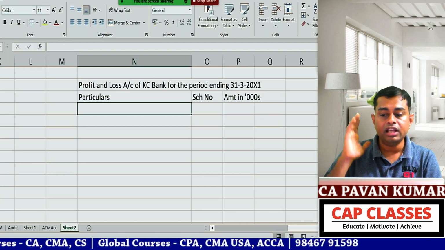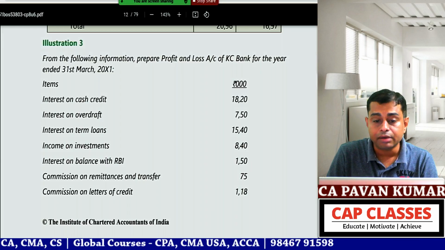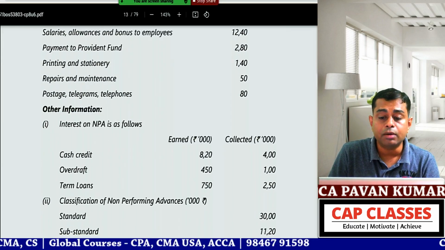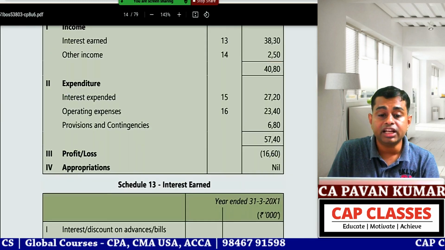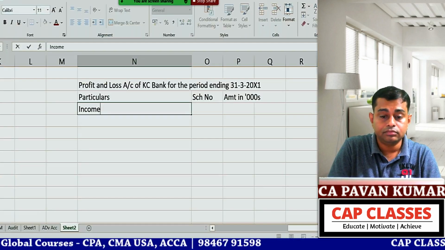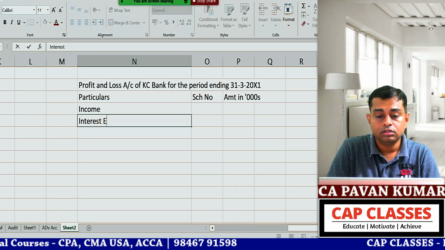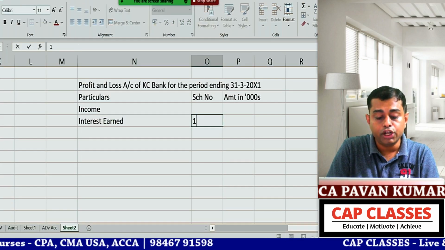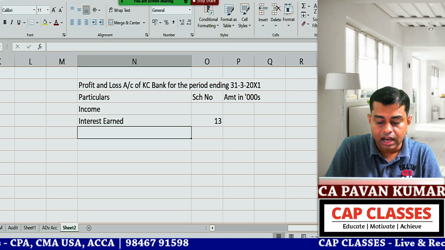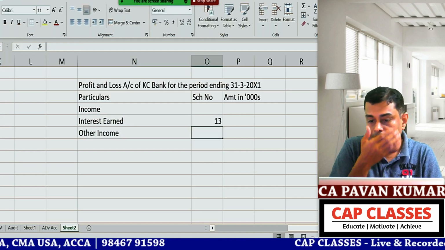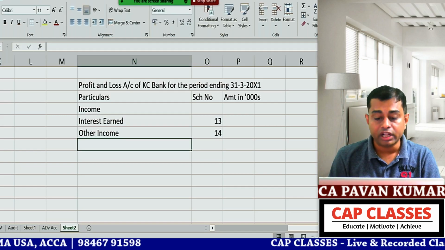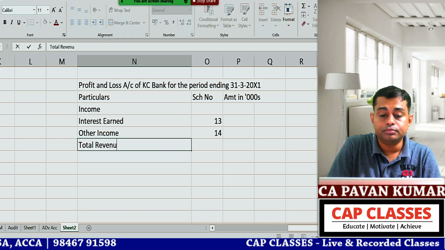Okay, so what is the first side? Income side. How many items will come? Only 2 items will come: interest earned, schedule 13, and other income, schedule 14. So total revenue.